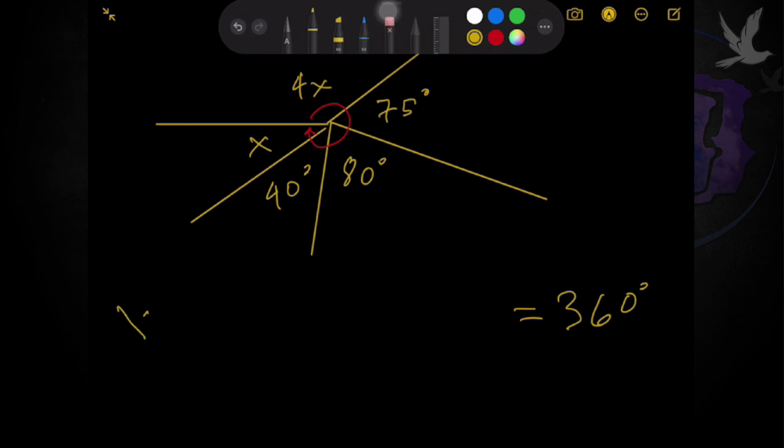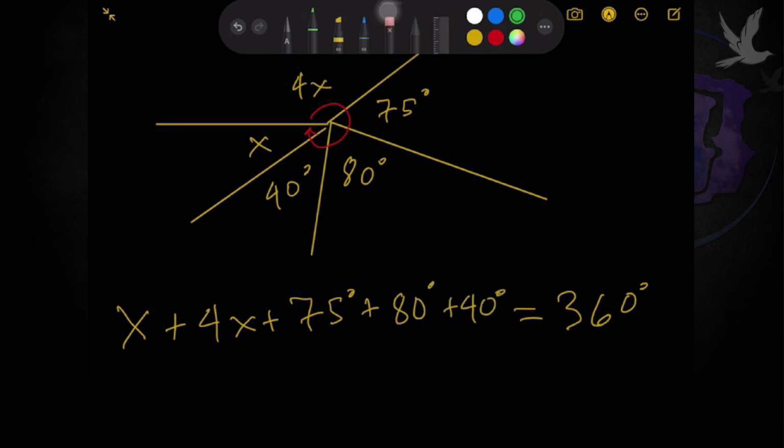So, rewriting it, we have x plus 4x kasi inuuna natin ang variable when we write it in an equation if you are a beginner. Kasi kung advanced na kayo, it doesn't matter how you write it as long as you get the logic. So, you have 75 degrees plus 80 degrees plus 40 degrees.